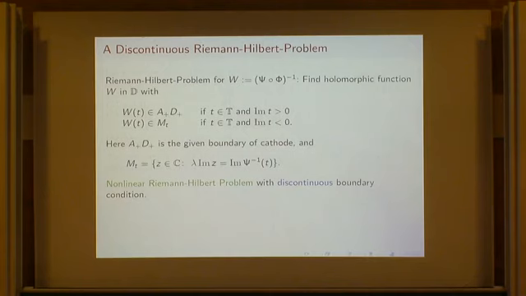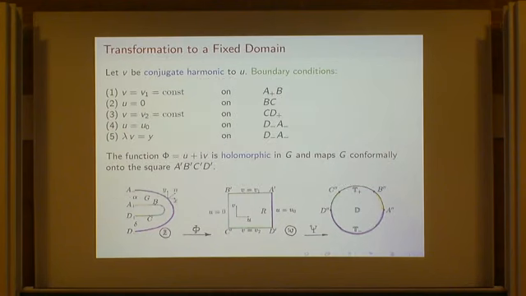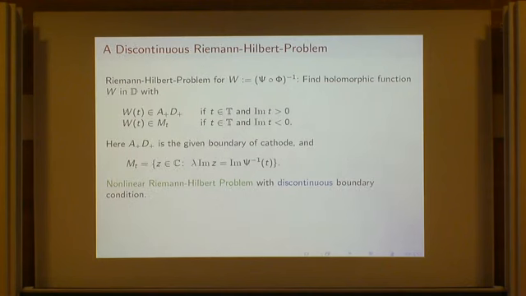And so we finally end up with a Riemann-Hilbert problem on the unit disk for this composition of the two mappings, or the inverse. This is the mapping now from here to there. And here you see it. And there are two types of conditions.